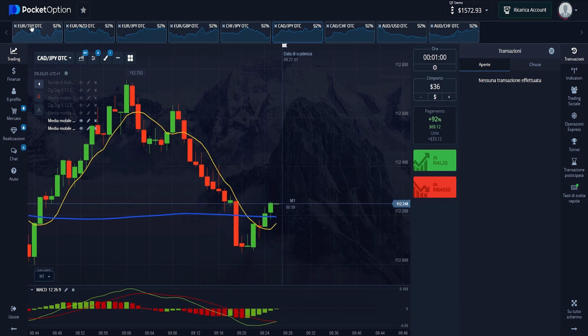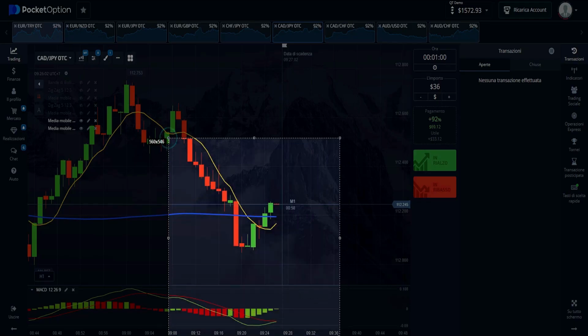We open a call operation at the intersection of the MACD curves when the candle is above the two moving averages.